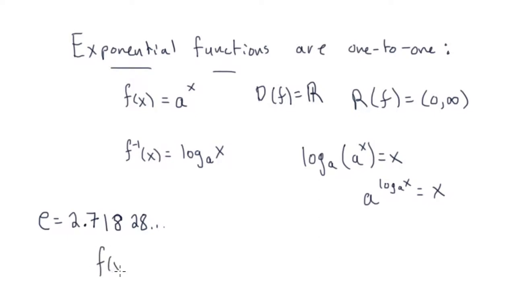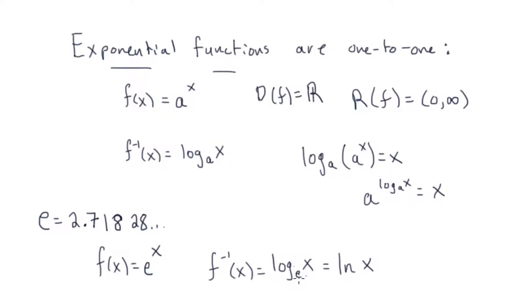It really seems like a very random number, but it is a valid base for an exponential function. So if f of x is e to the x, then the inverse is log base e of x, but we actually give this a special name, ln of x, the natural logarithm.